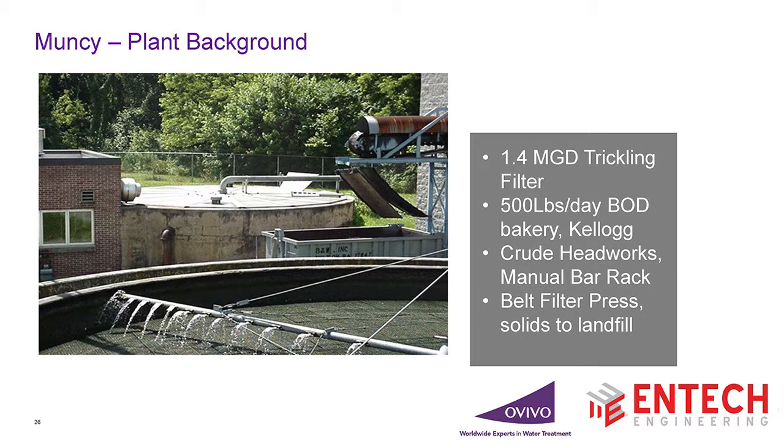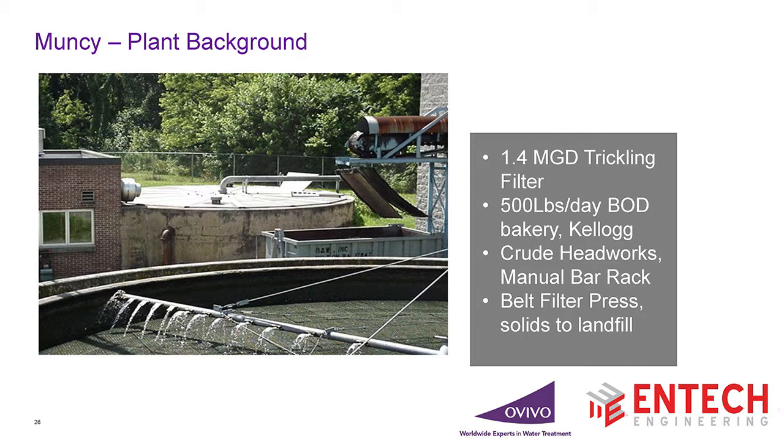In the background here, you can see the round anaerobic digester that already has a cover on it from the Vivo process. We had a trickling filter you can see in the foreground. This particular plant generated a lot of solids. We had a bakery there operated by Kellogg's with 500 pounds a day of BOD.